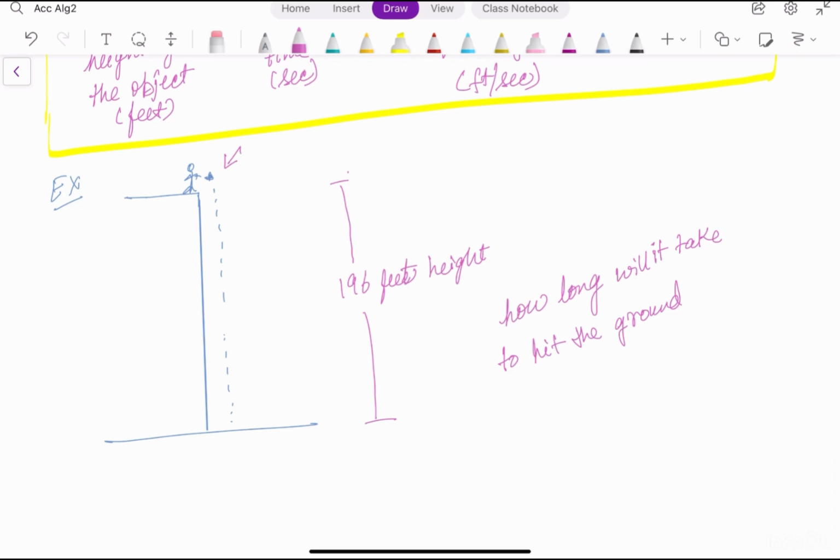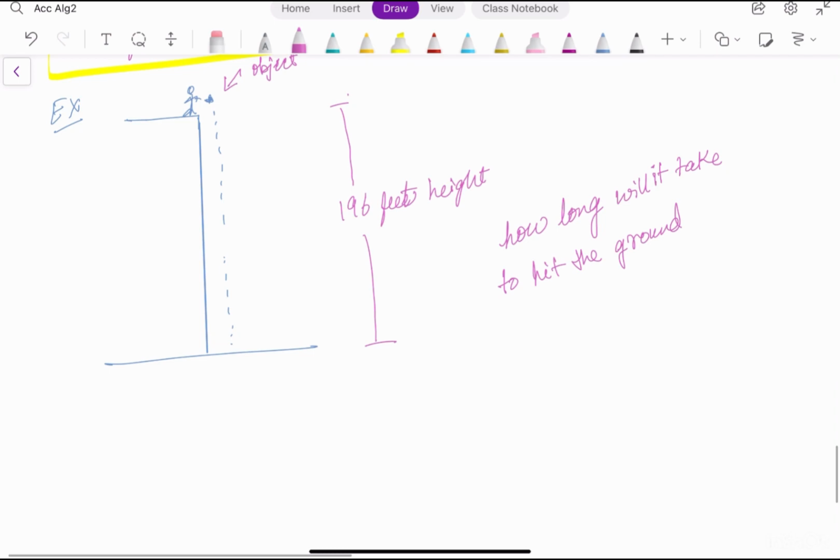There are a few things you need to understand in this problem. When they are talking about hitting the ground, what will be the initial velocity? What will be the height? Let's write the position equation first.